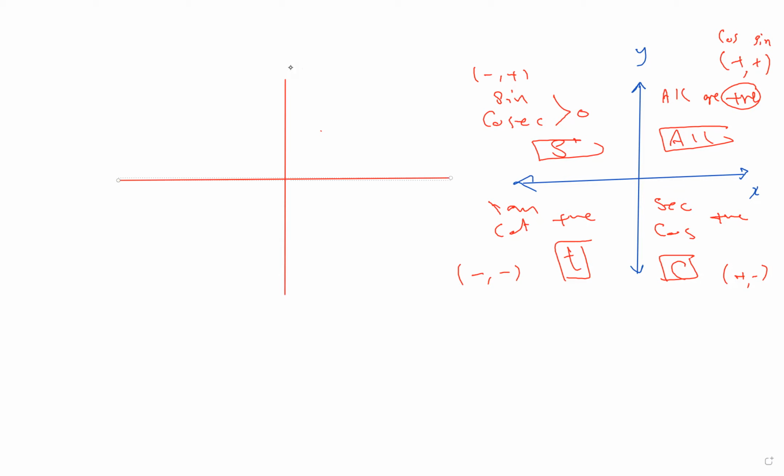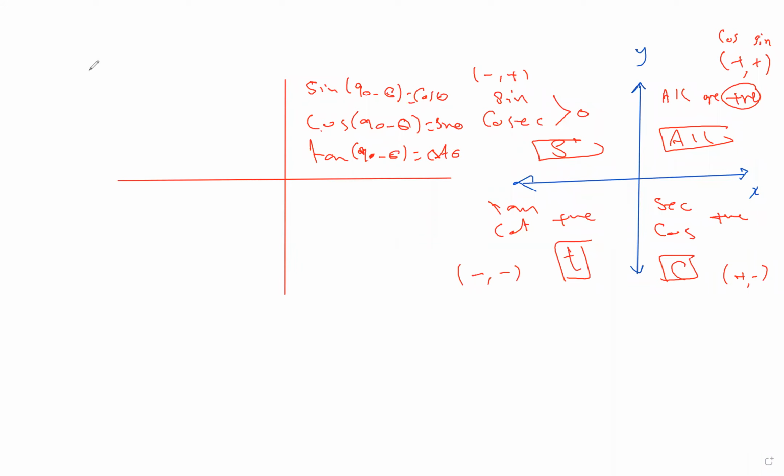We said sine 90 minus theta equals cosine theta. Cosine 90 minus theta equals sine theta. And tan 90 minus theta equals cotan theta.